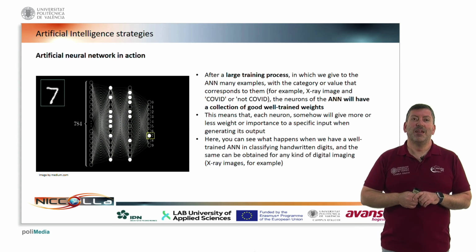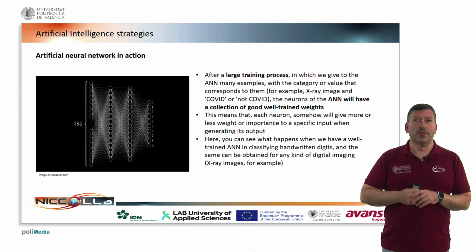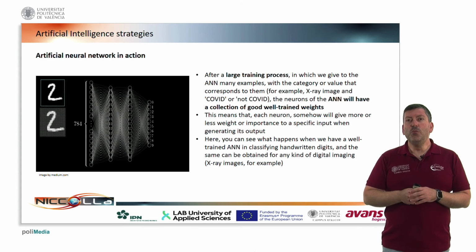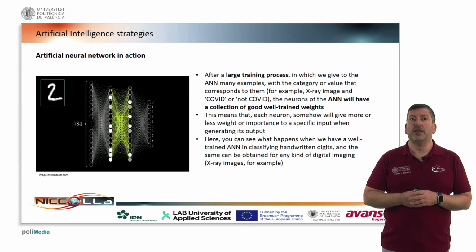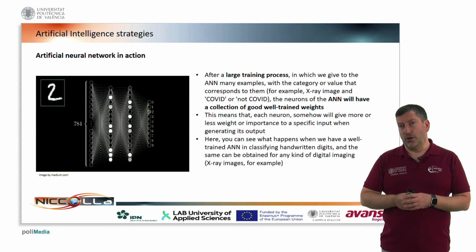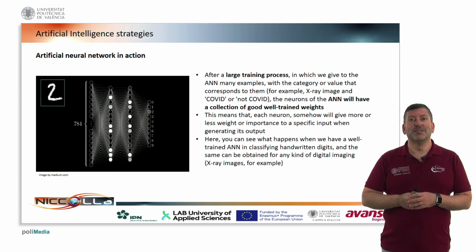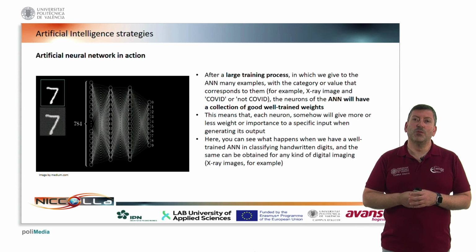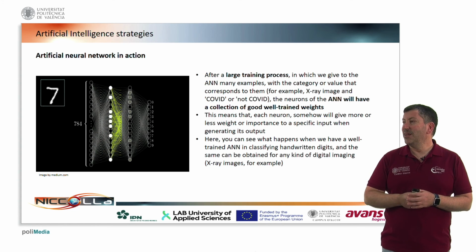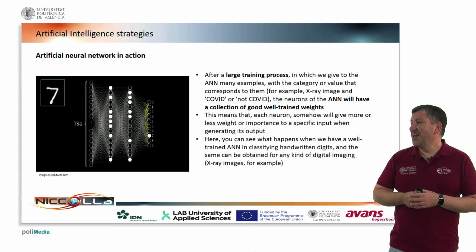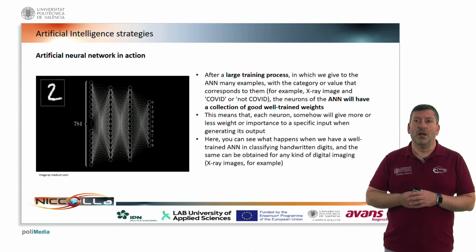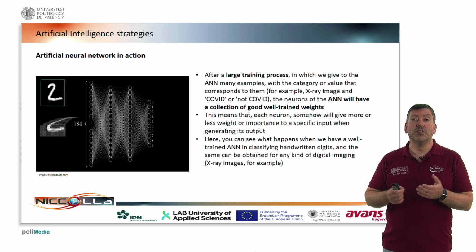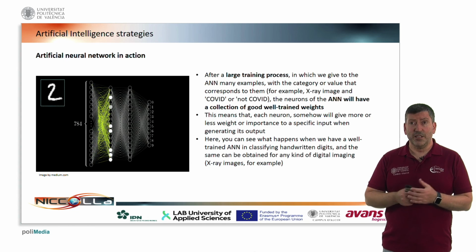This means that each neuron will give more or less weight or importance to a specific input when generating its output. Here you can see what happens when we have a well-trained artificial neural network classifying handwritten digits, and exactly the same technique can be used in any medical imaging, like X-ray images.